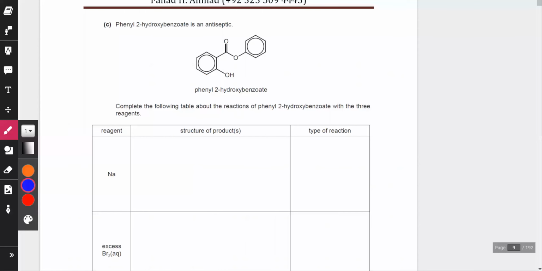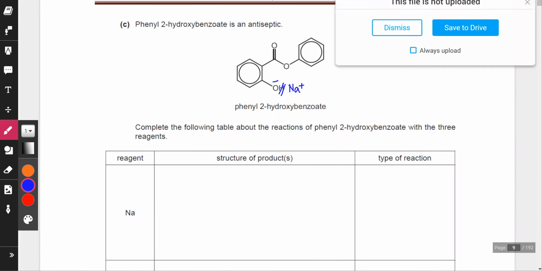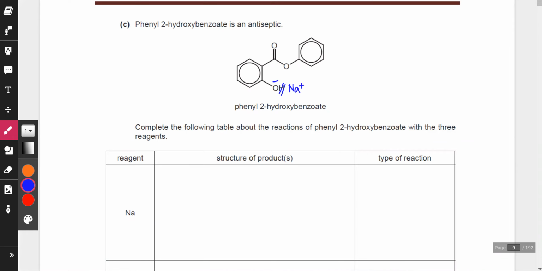So with sodium, the reaction would simply be that the H in this molecule would become O minus, and Na plus would join with it to form a salt. This is what the product is going to be, and it's going to be a redox reaction. The type of reaction is a redox reaction.